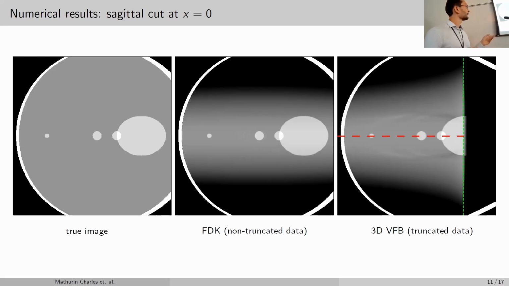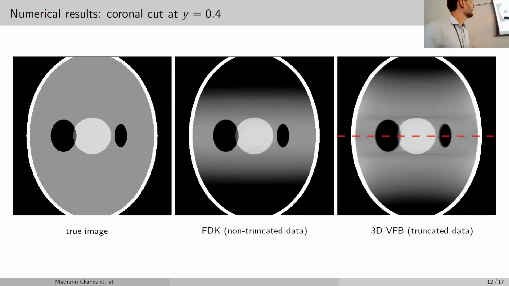There are also some artifacts that are slightly different between the two formulas. It is basically the same for the coronal slice, with an intensity drop away from the midplane and some small different artifacts.